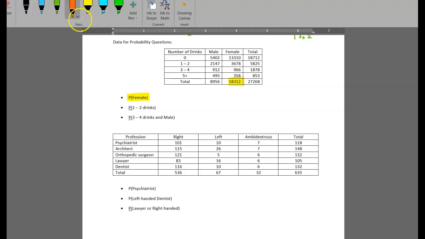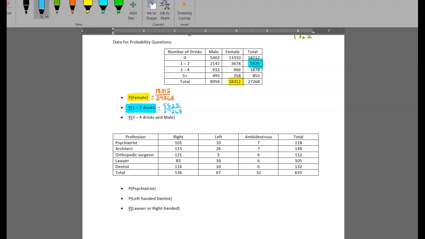So this would equal 18,312 over the total, which is 27,268. If we're looking at the probability of 1 or 2 drinks, this time we're going to read across. So we end up with 5,825 over the total, which is again 27,268.